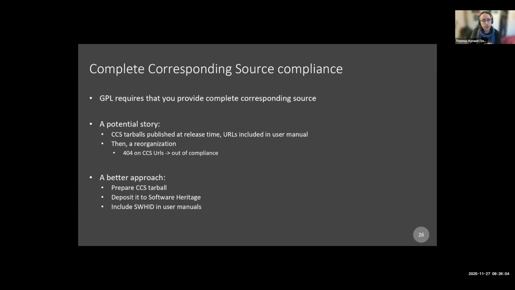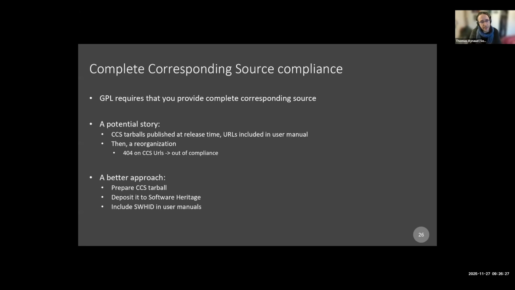You put a tarball at release time at a URL on your website, for instance, and it's included in the user manual. Then you have a reorganization. Your company changes its name. The website is rewritten. And now you have a change in URLs. You are out of compliance.